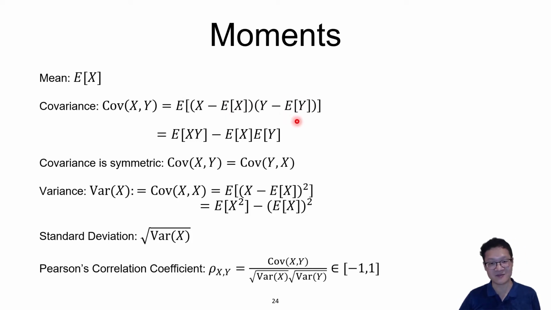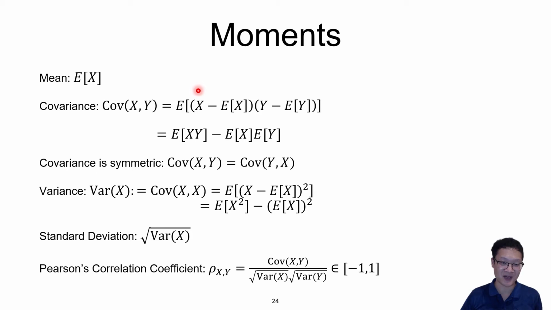Same for this part, expected value of y. Okay, so these two are actually constants because once you have taken the expected value, e of x and e of y just become a number. So this part is not random. The parts that are random are the x and the y here.